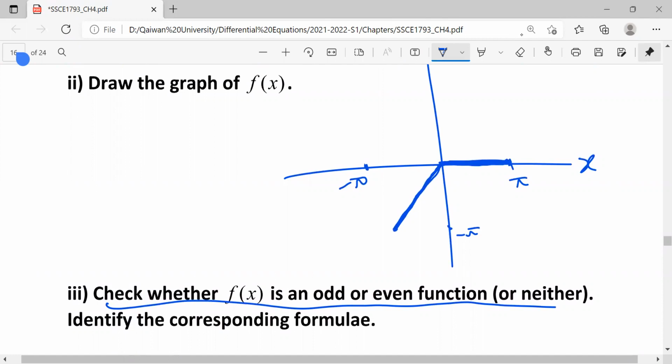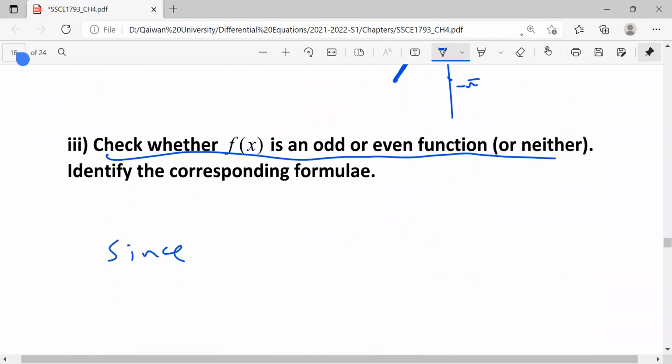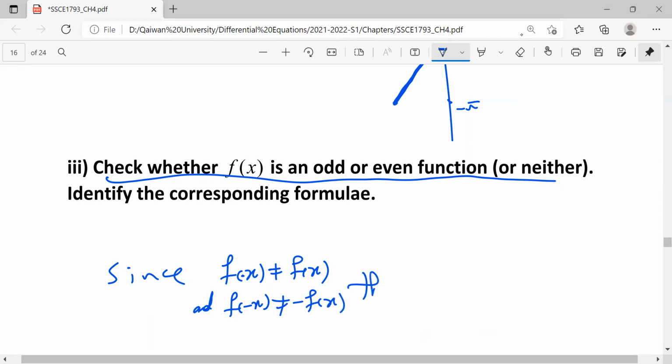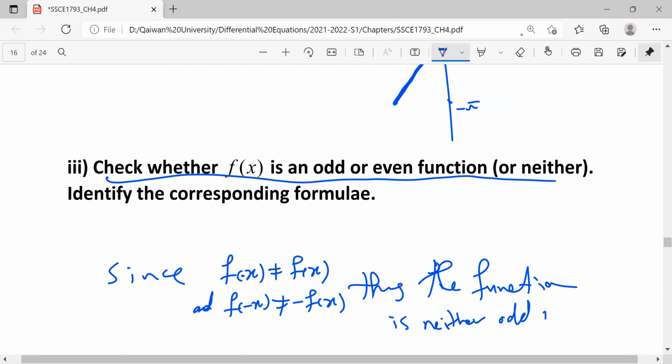That's why we say it's neither odd nor even. Since f of negative x doesn't equal f of x, and f of minus x doesn't equal minus f of x, thus the function is neither odd nor even.